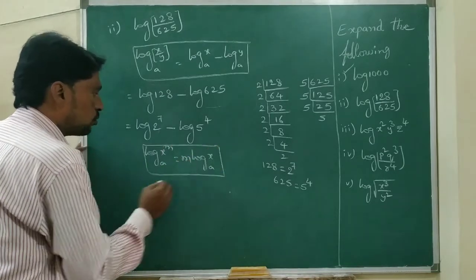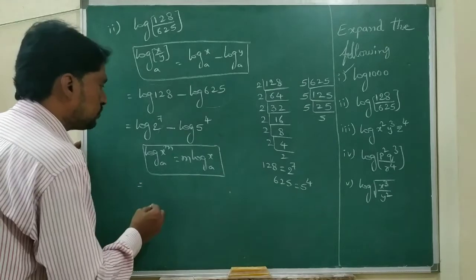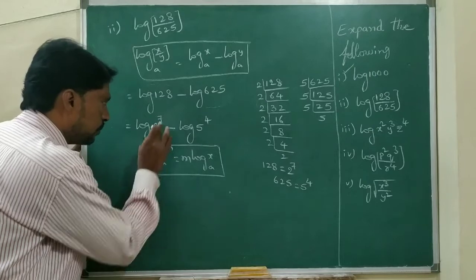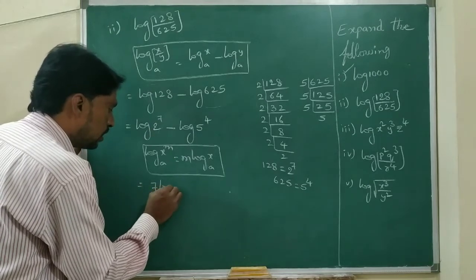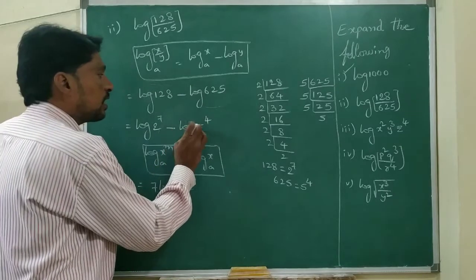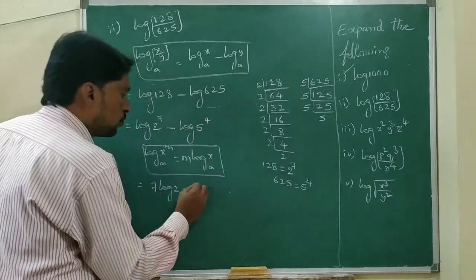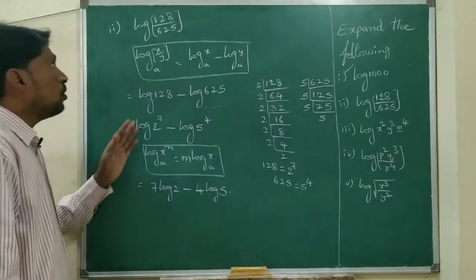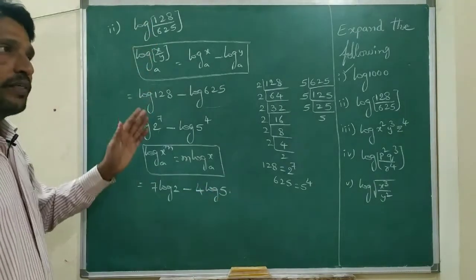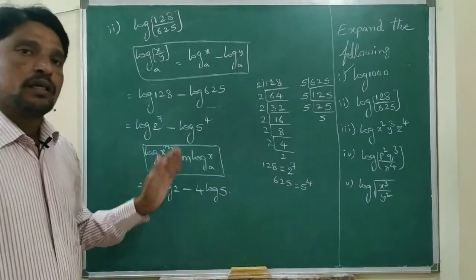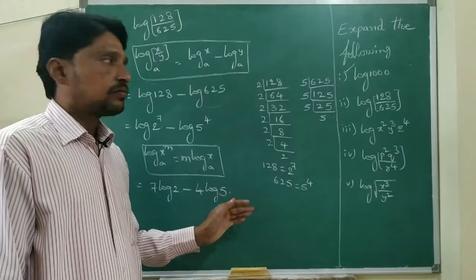So here m means 7, 7 log 2, minus log x power m, m means 4 log 5. So the value of log 128 by 625 we got: 7 log 2 minus 4 log 5.